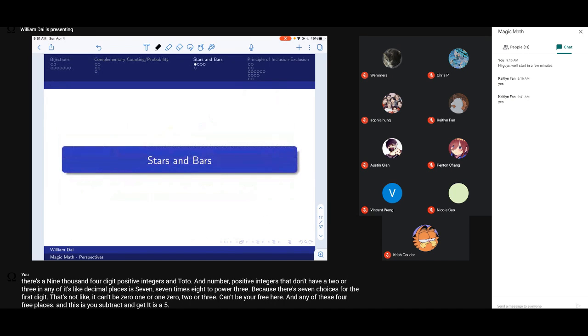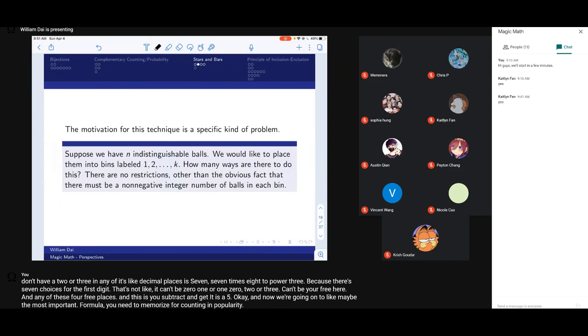Okay, and now we're going on to maybe the most important formula you need to memorize for counting and probability. This is really common, so you definitely need to memorize this for contests. The motivation here is this one specific problem.